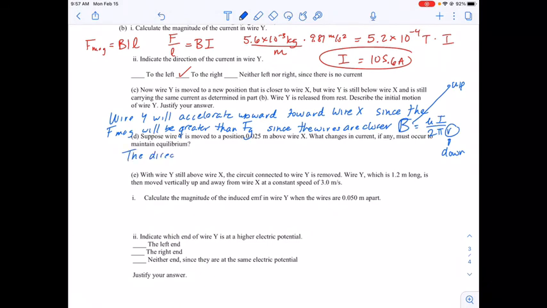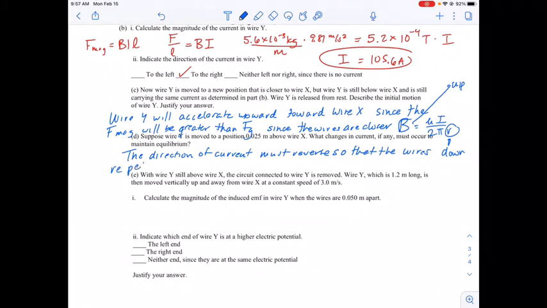So the direction of current must reverse, so that the wires repel. And the magnetic force is upward.